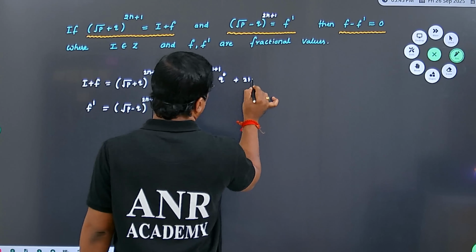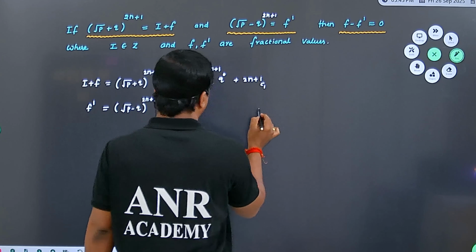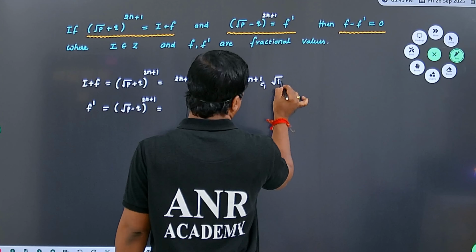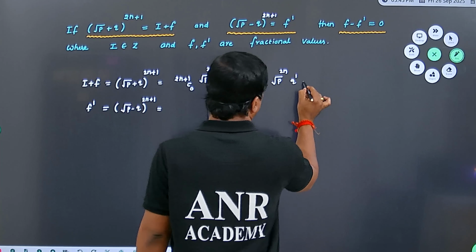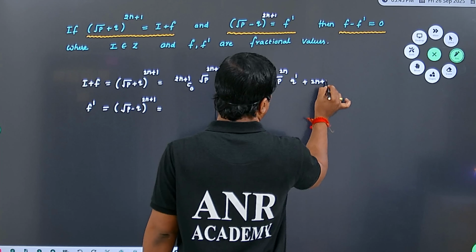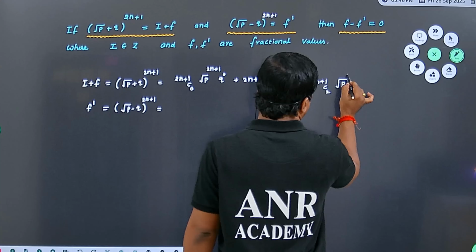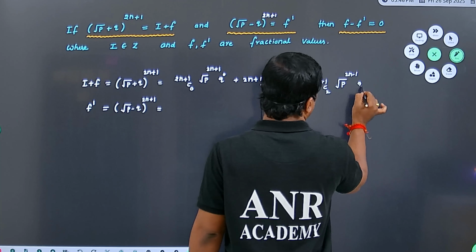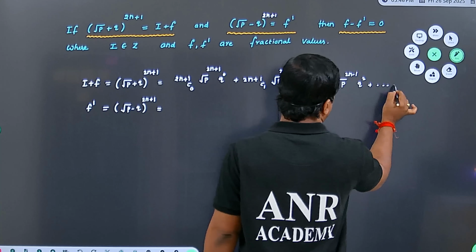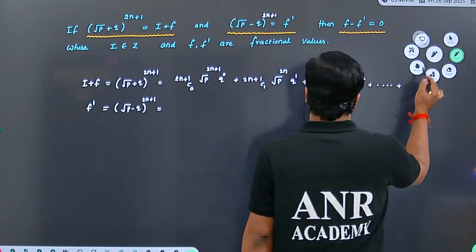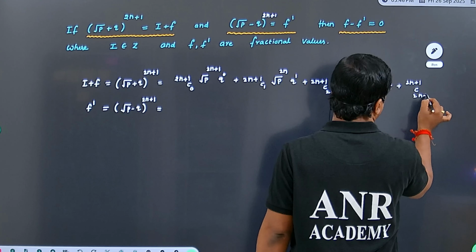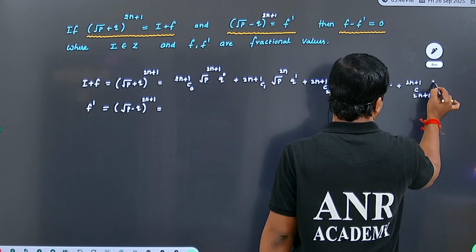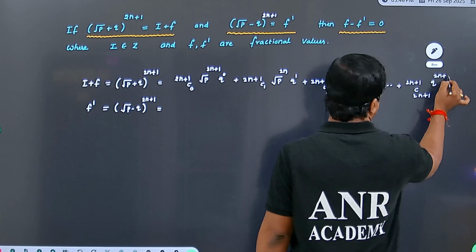Second term 2n plus 1 c1 root p power 2n q power 1, plus 2n plus 1 c2 root p power 2n minus 1 q power 2, plus and so on. The last term 2n plus 1 c 2n plus 1 and q power 2n plus 1.